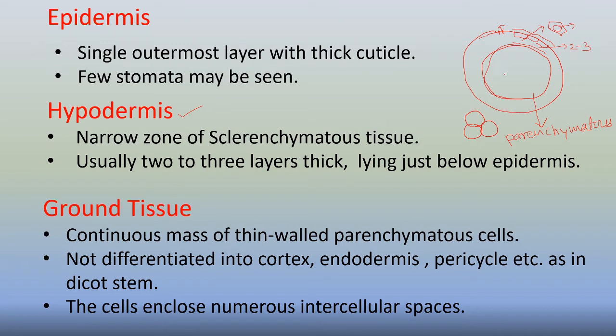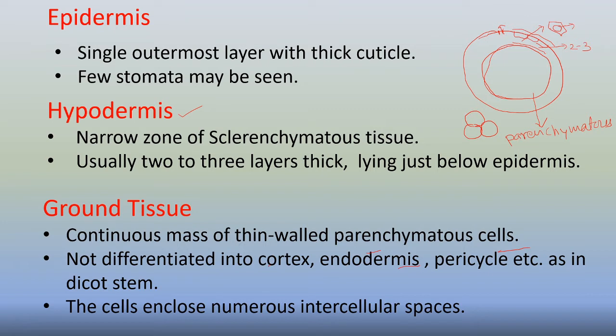Now, in case of the monocot, there is no differentiation of the tissues, that is cortex, endodermis, pericycle. Clear differentiation is not seen in case of monocot regarding the cortical region, and endodermis is totally absent, and pericycle is also absent.